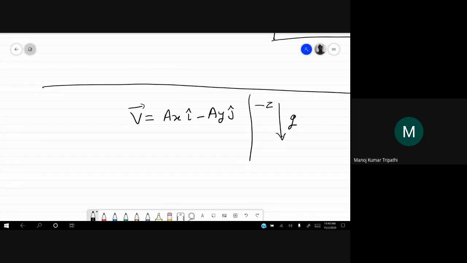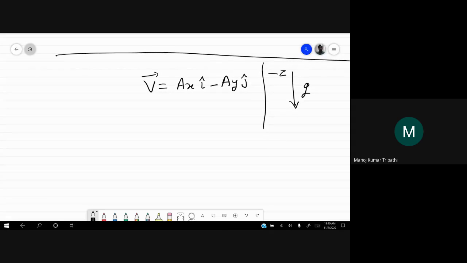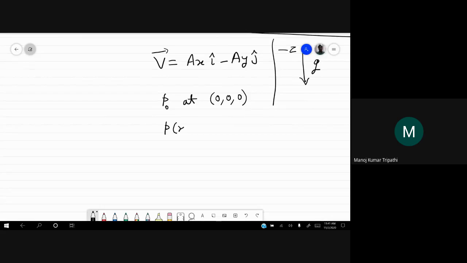The pressure is P naught at 0, 0, 0. What you have to find is pressure at any point in this flow field.